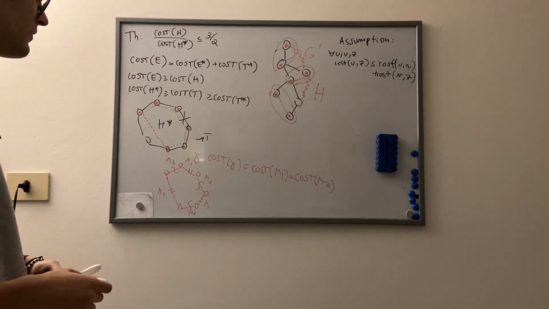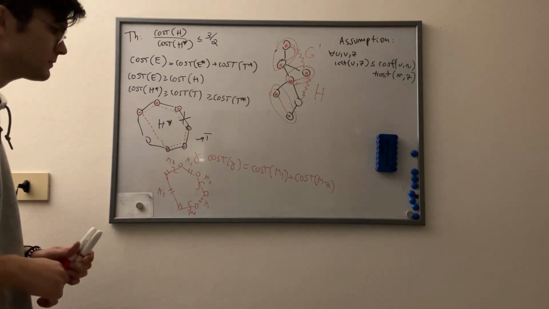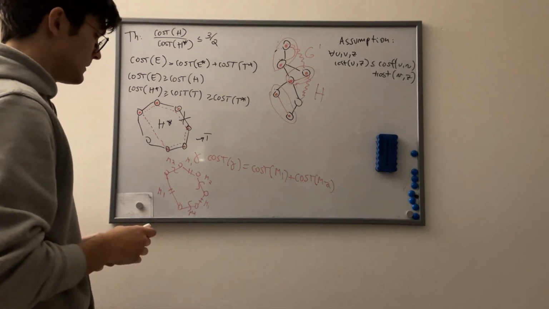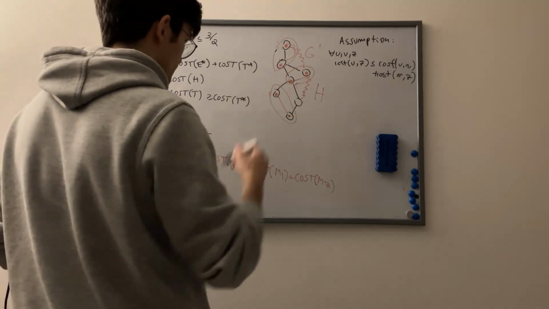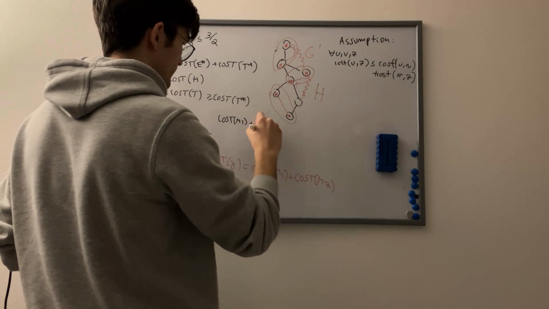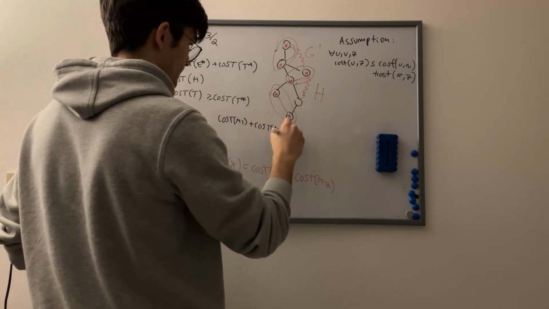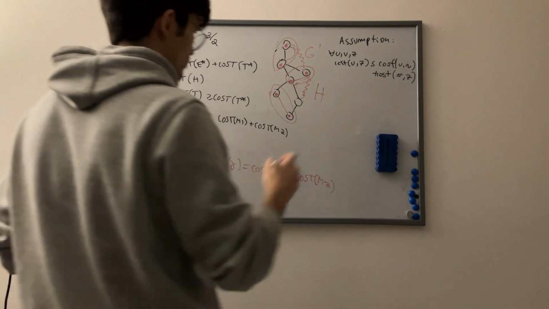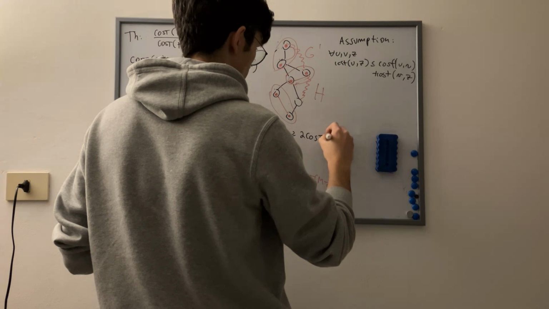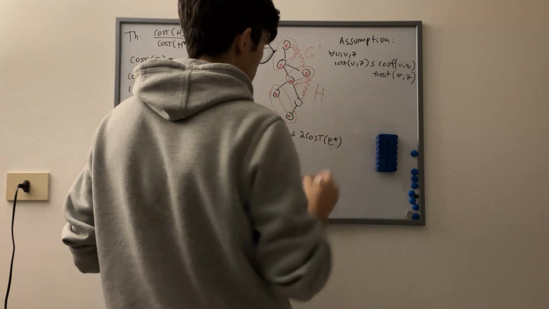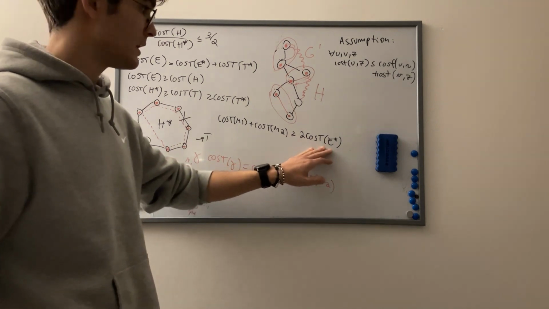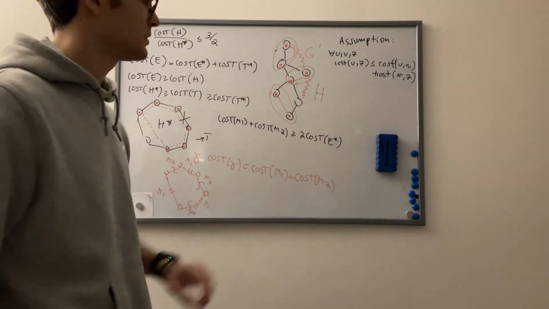The cool thing now is that we can say that the cost of M1 plus the cost of M2 is for sure greater or equal than twice the cost of E star. And this is because E star was our perfect match, our minimum cost match.